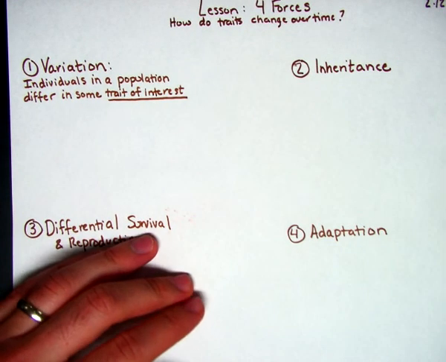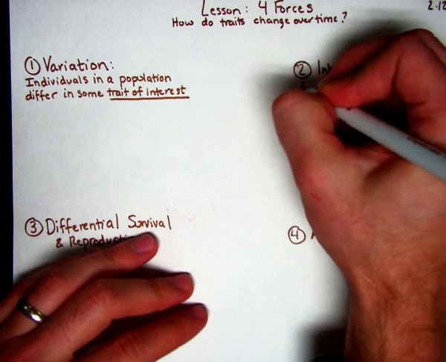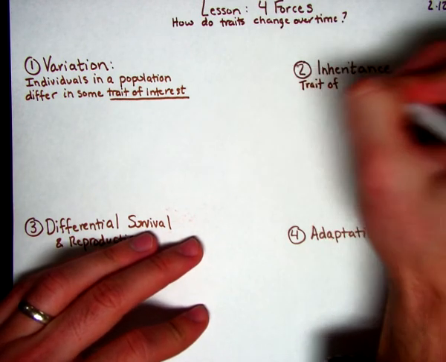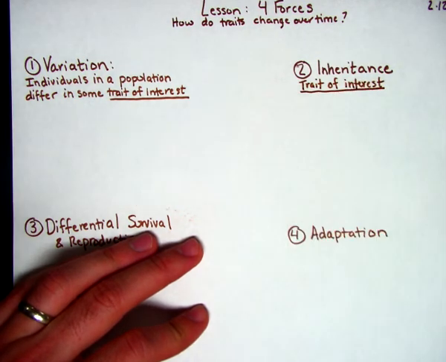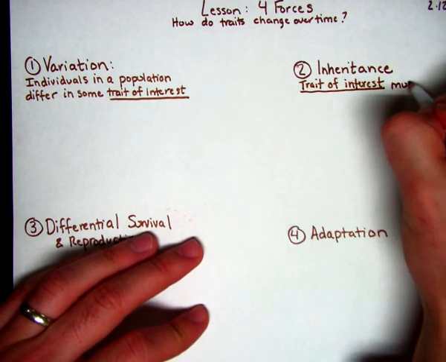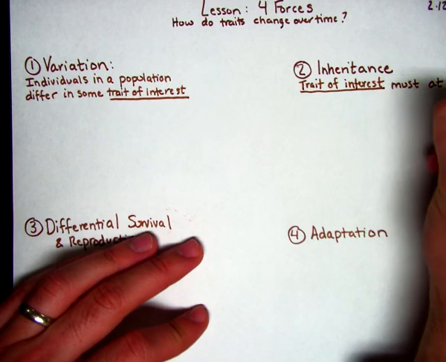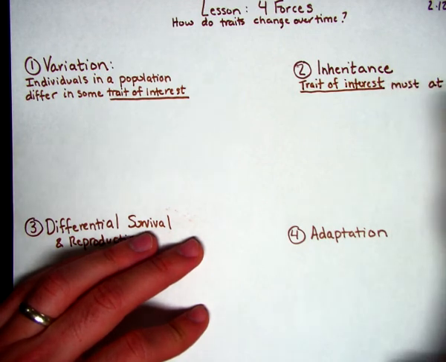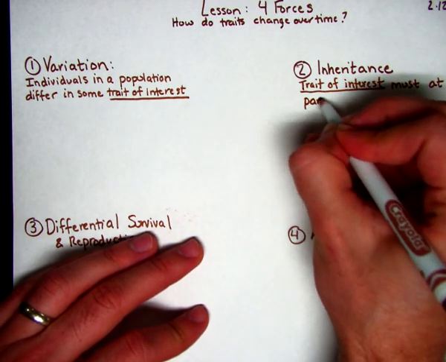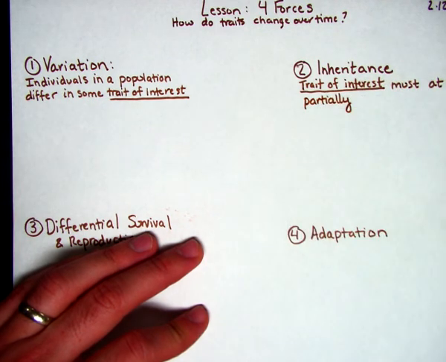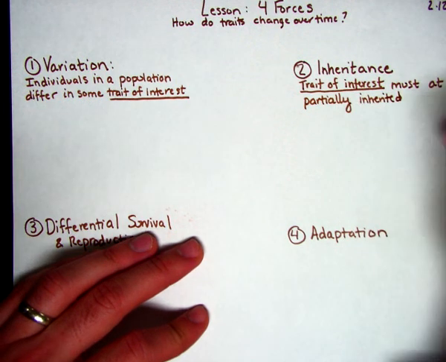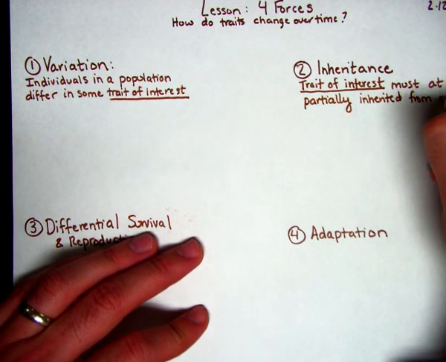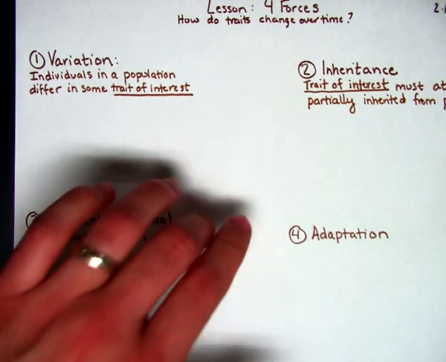The second component, they describe as meaning that the trait of interest must at least be partially inherited from parents or the prior generation.